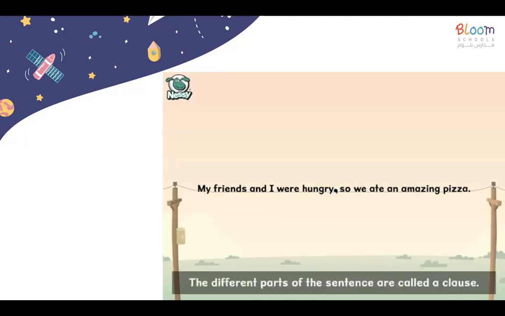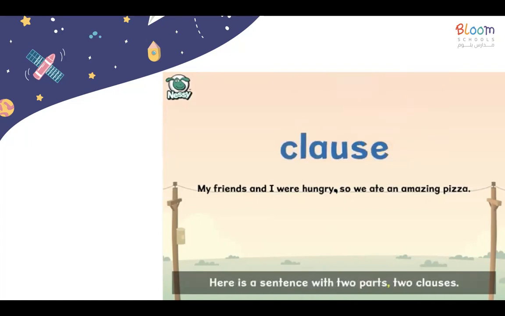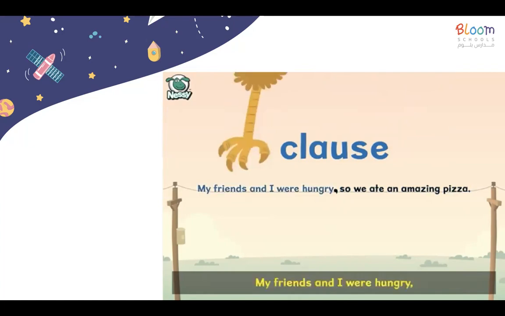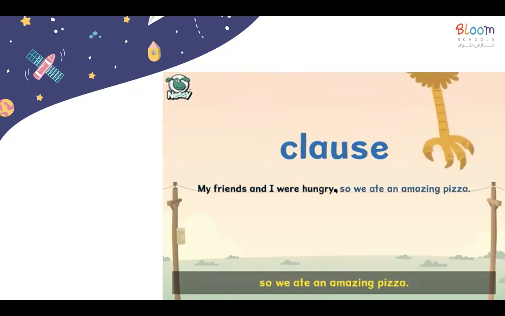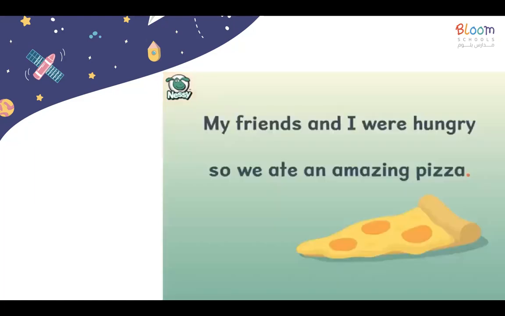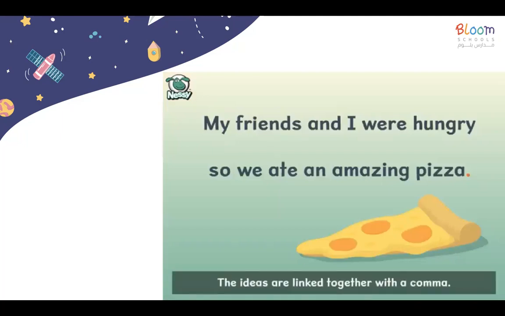The different parts of the sentence are called a clause. Here is a sentence with 2 parts, 2 clauses. My friends and I were hungry, so we ate an amazing pizza. Ideas are linked together with a comma.